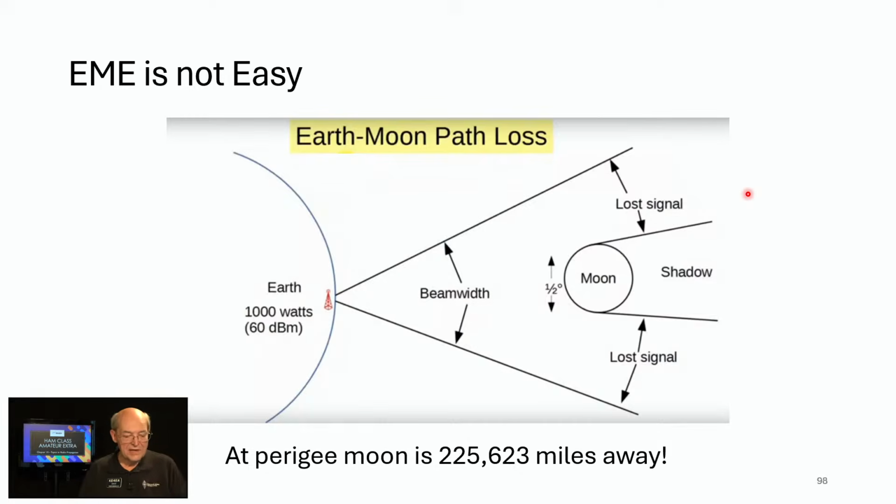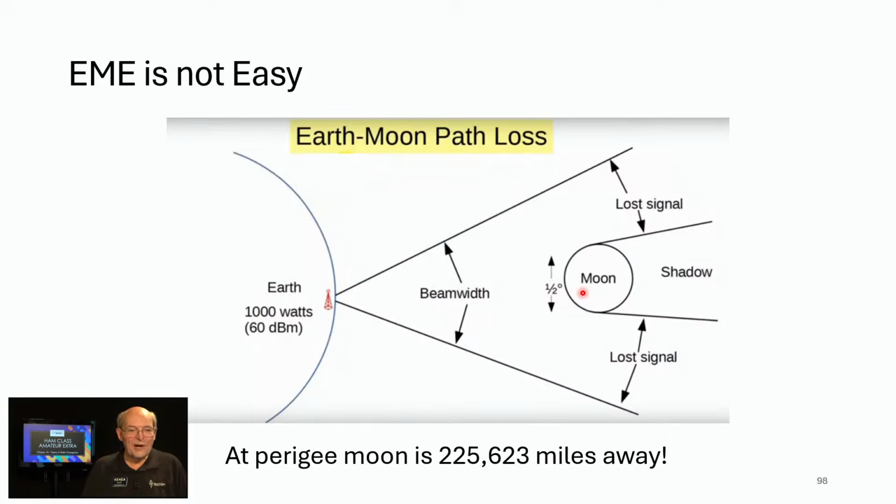Now, EME is not easy. So first of all, the moon, remember we talked about the circumference of the Earth, and from one side of the Earth to the other was about 12,000 miles. Well, the moon is 225,000 miles away. But that's not the half of it.